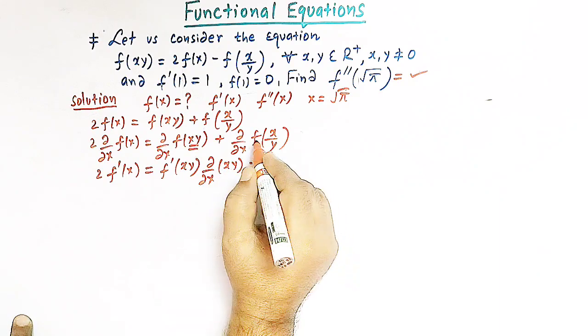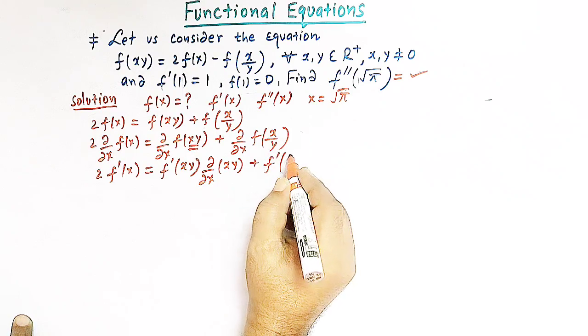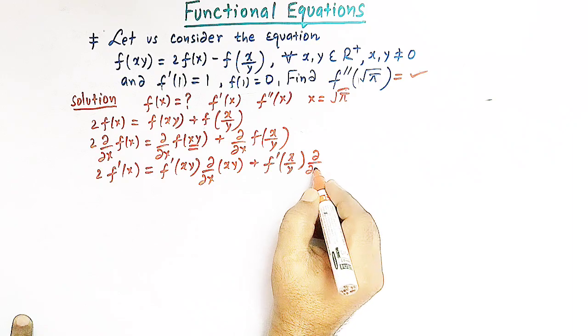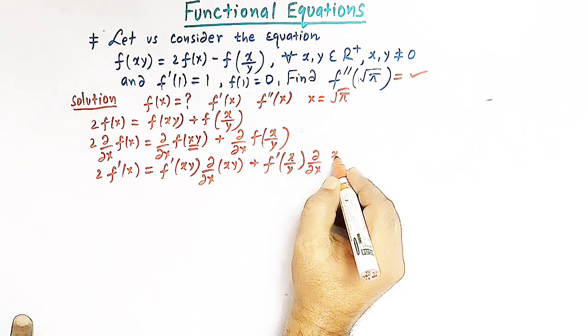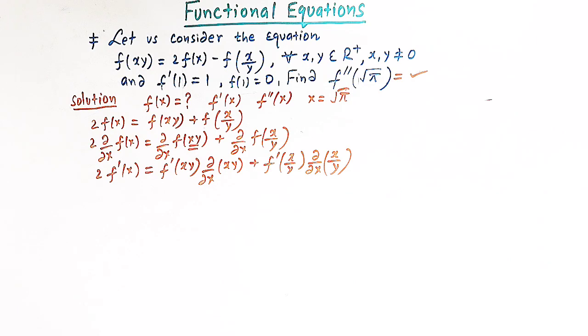Also the derivative of f of x over y is f prime of x over y, and then by chain rule we have to differentiate x over y with respect to x.